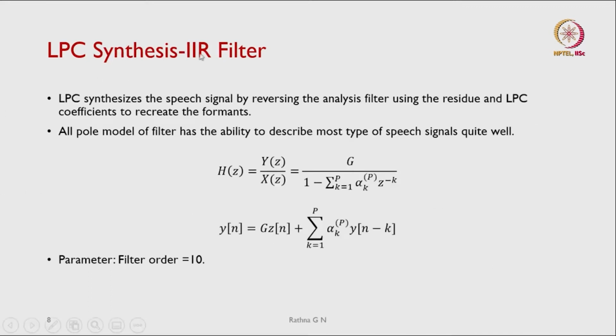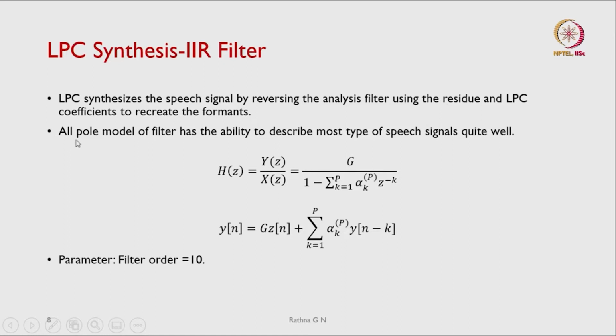Now, the synthesis part is the IIR filter. The coefficients we have to keep the same: a naught, a1, a2, a3. So, here it is an IIR filter, whereas in the analysis we use the FIR filter. It reconstructs the speech signal by reversing the analysis filter, using the residue and LPC coefficients to recreate our formants.